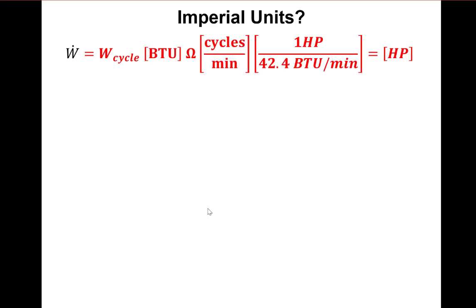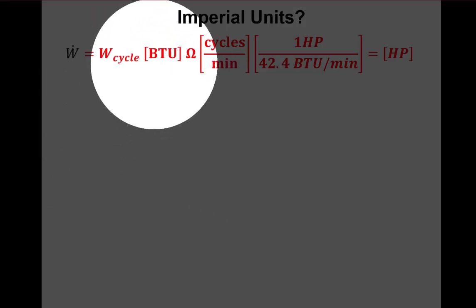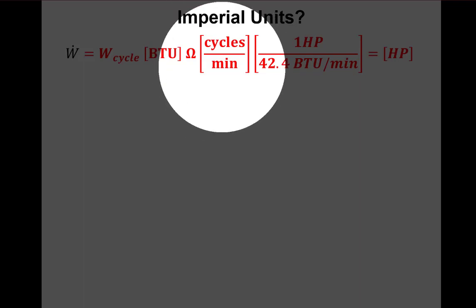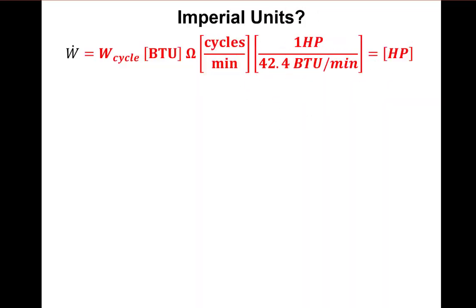As always, these things are harder in imperial units, because your work per cycle will be in British thermal units, or BTUs. You still need cycles per minute, and then you have to do this conversion to horsepower, because if you're going to read about a car engine, it's going to tell you the power in horsepower and not in BTU per minute.